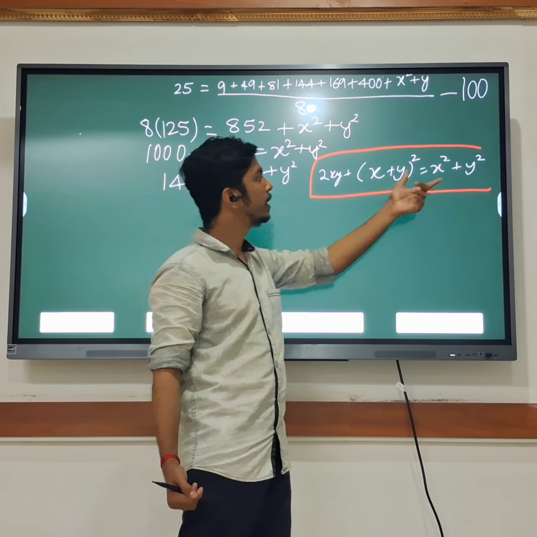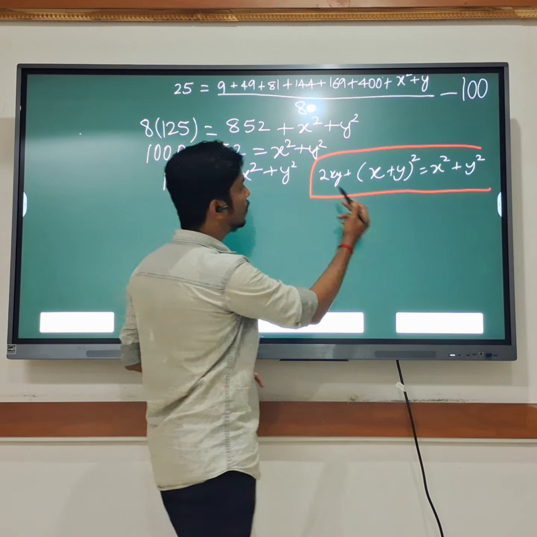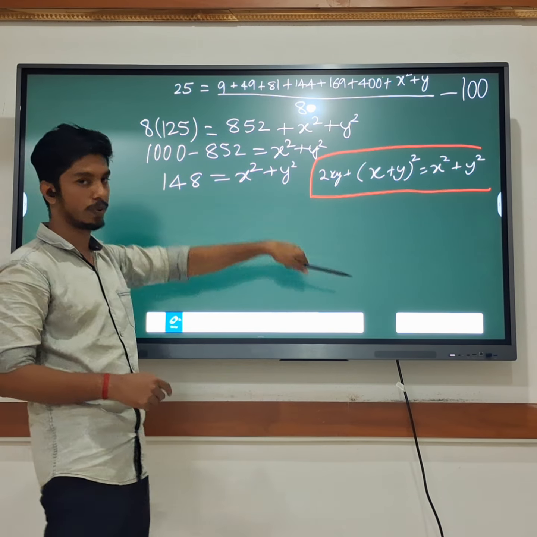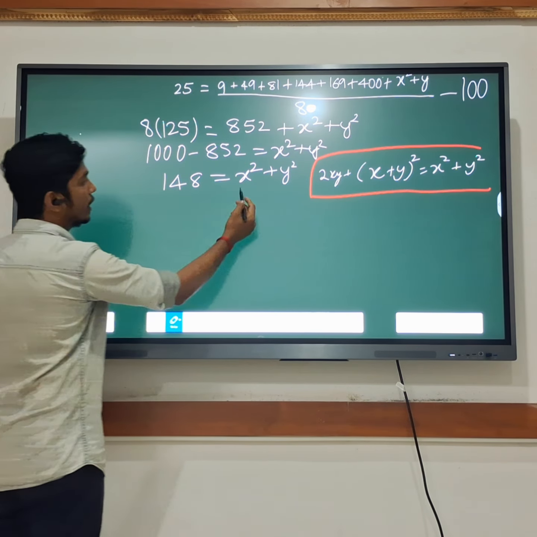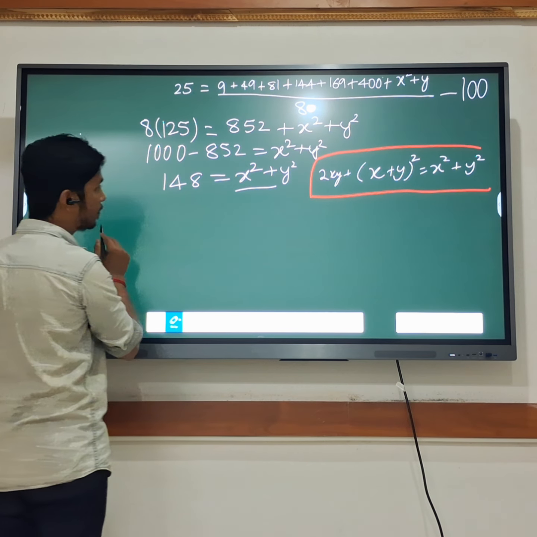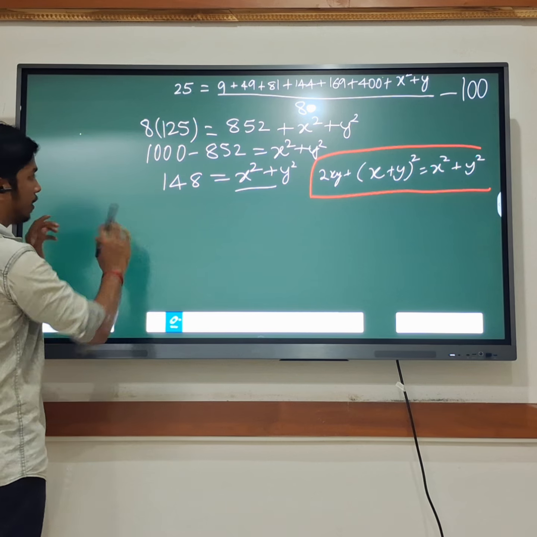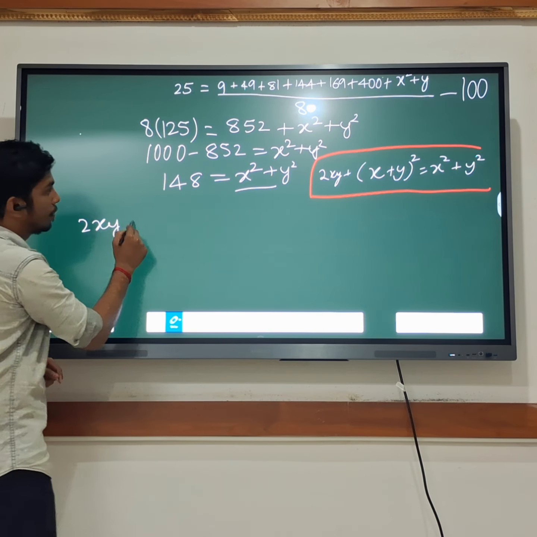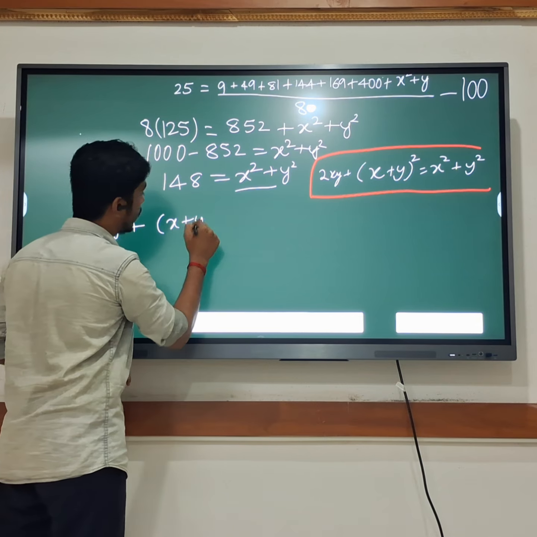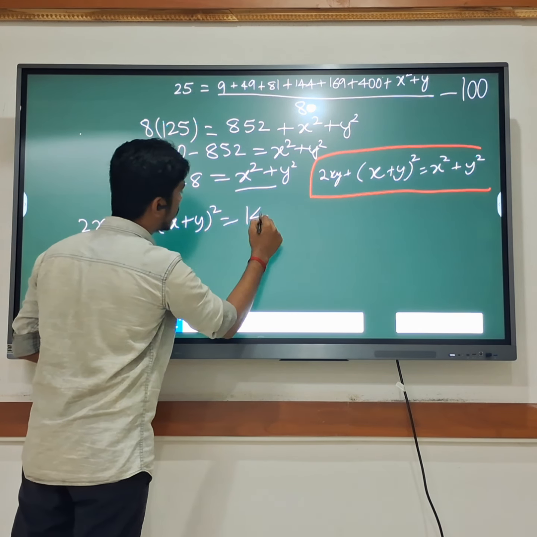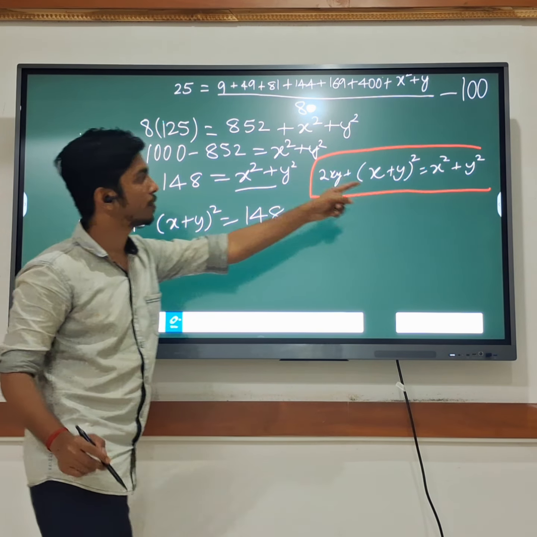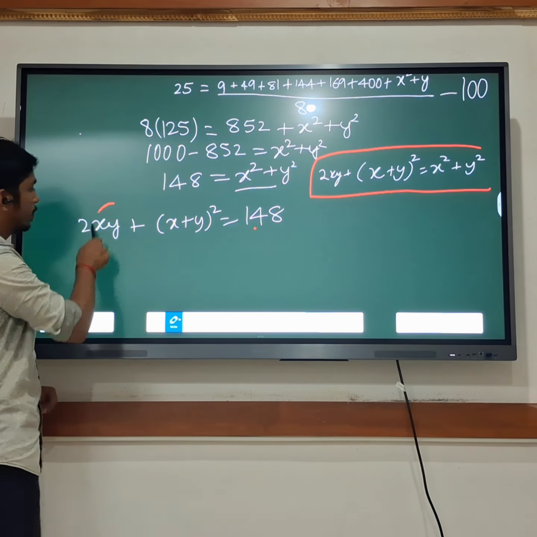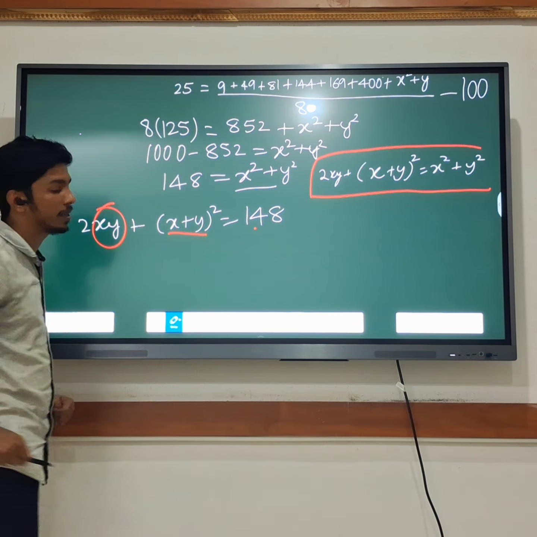We can write x square plus y square is equal to x plus y whole square minus 2xy, and that is equal to 148. Now we want to find this, but we don't know x plus y.